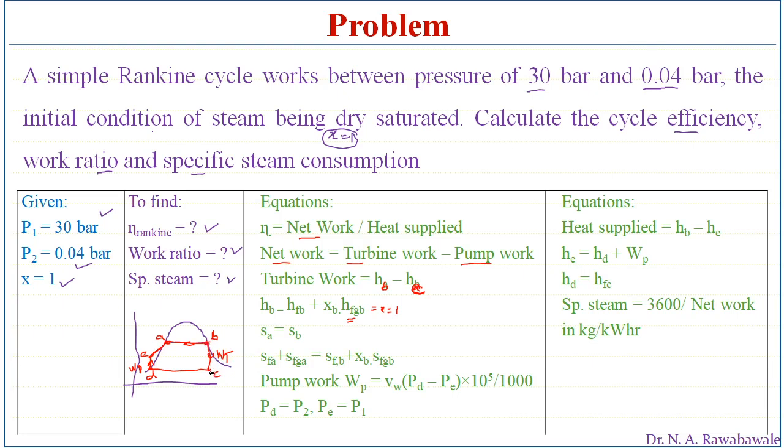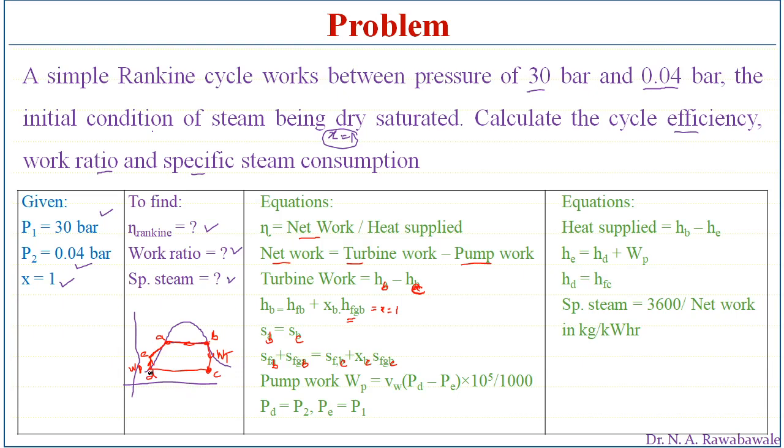From point B to C the steam is expanded isentropically, therefore entropy at point B is equal to entropy at point C. Entropy at point B is SFB plus SFGB. Entropy at point C is SFC plus XC into SFGC. The suffix C indicates point C, and B indicates point B.